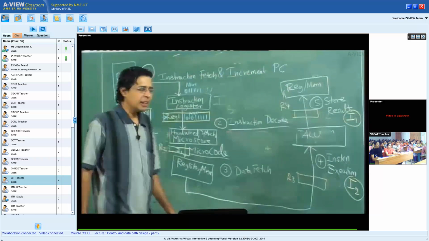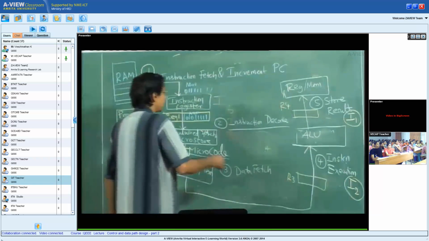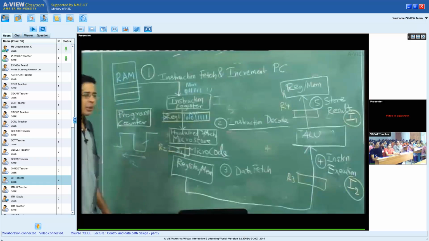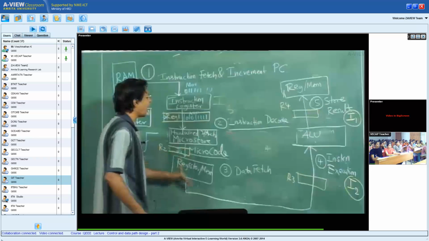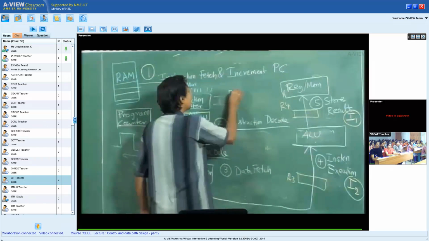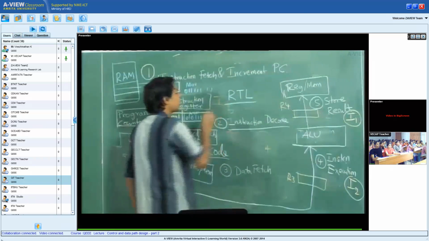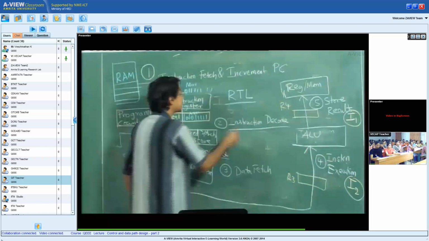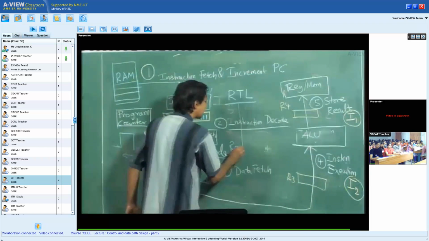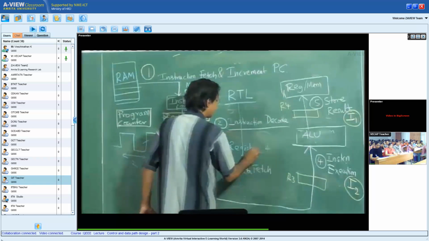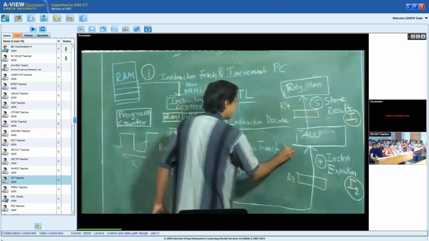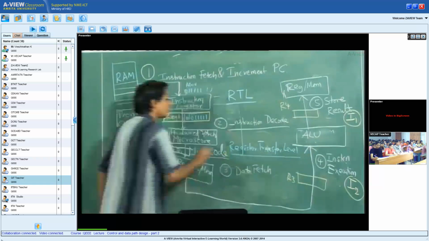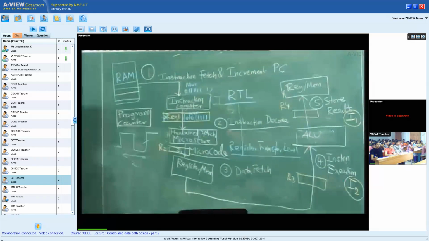That is why, if you look into some more computer architecture courses, they will say that the way the hardware is described, they give it the name RTL. RTL essentially stands for register transfer level.